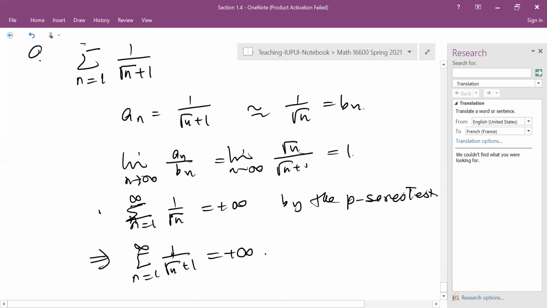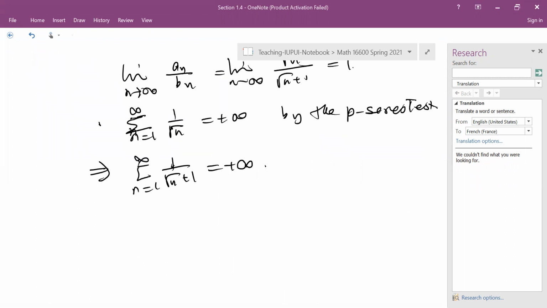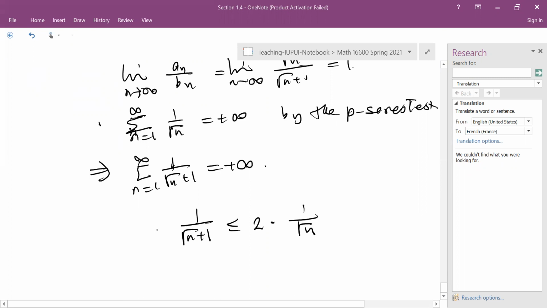More precisely, what we prove, because the limit is 1, is that a_n, which is 1 over n plus 1, should be less than or equal to 2 times this, and greater than or equal to 1/2 of this. I think it's already true even for n greater than or equal to 1.